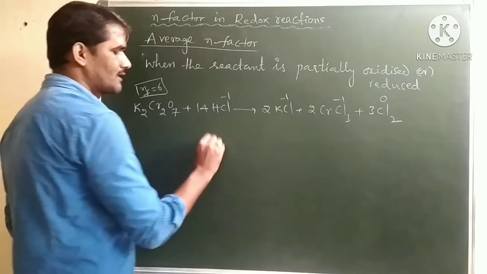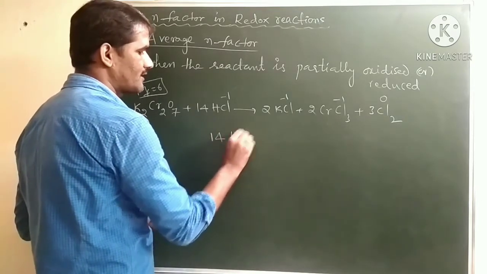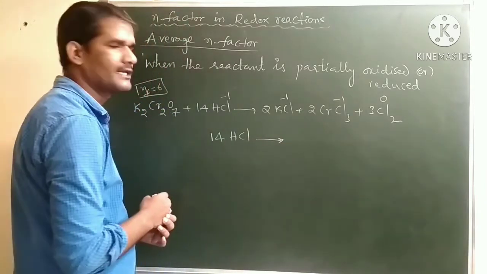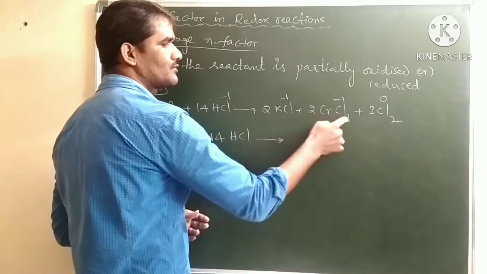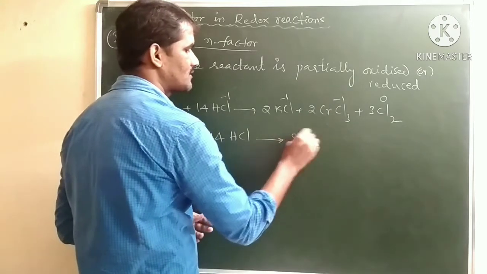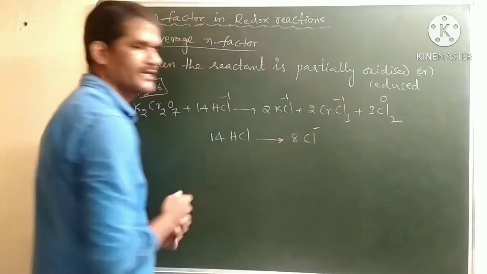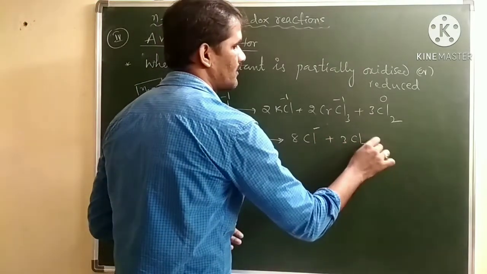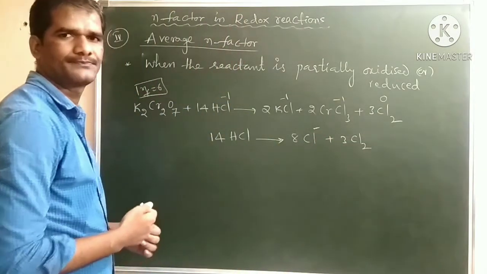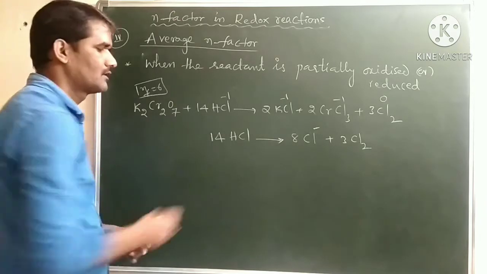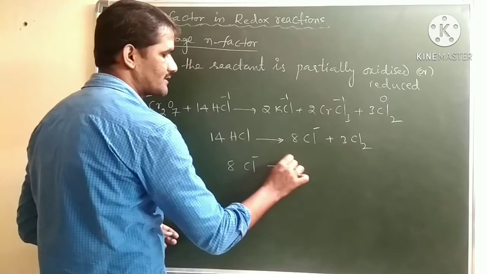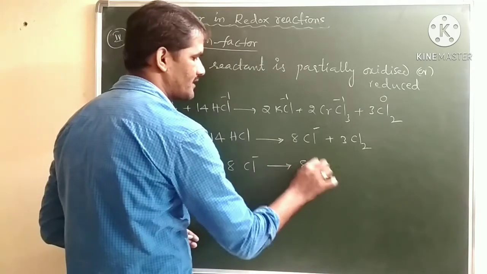Now there are 14 HCl's, and in those 14 HCl, 2 and here 2 into 3, 6, total 8 are not changing their oxidation state from -1, and the other 6 are forming chlorine molecules. Now, 8 Cl minus is changing to 8 Cl minus.